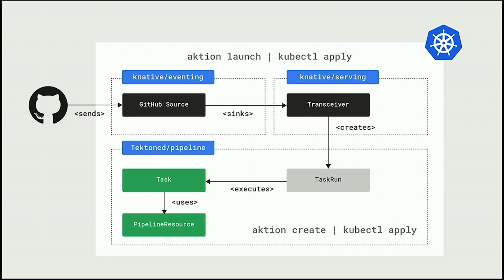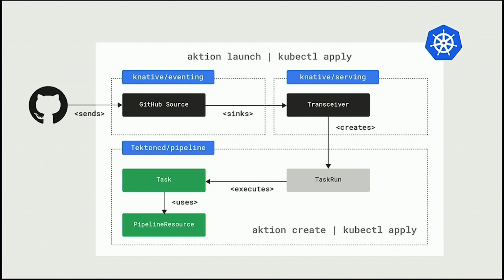So as far as our little pretty picture, with the TriggerMesh action, we actually have 2 commands that handle everything. We have down at the bottom the create. This one creates the tasks, creates the associated pipeline resources, and you can also use it to create the task run or the pipeline run object to create a one-shot invocation.